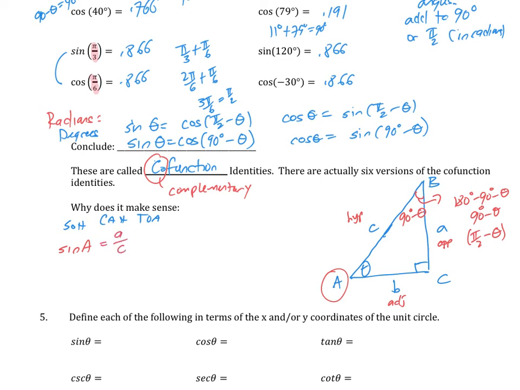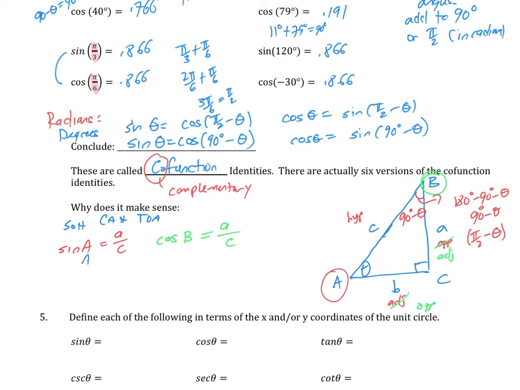Let's try the same thing, but I want to write the cosine of B. Okay, so thinking about my triangle in terms of B, this side is the opposite, and a now becomes the adjacent. So cosine of B is the length of the adjacent side, which is a, over the length of the hypotenuse, which is c.